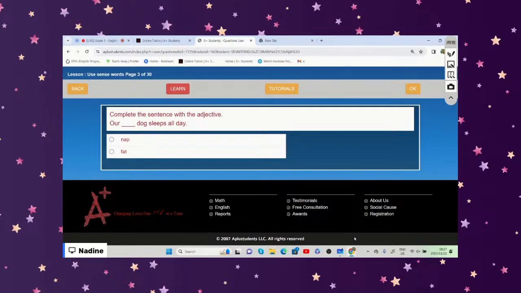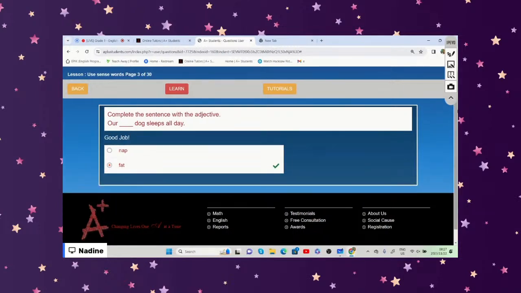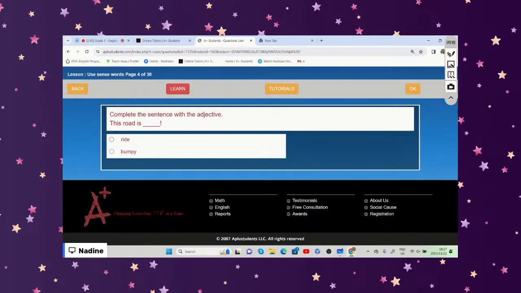So we can then say that our fat dog sleeps all day. And there we have our correct answer, which is fat. Because a fat dog naps, right, or sleeps all day.